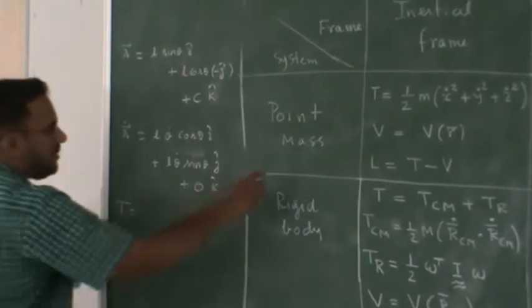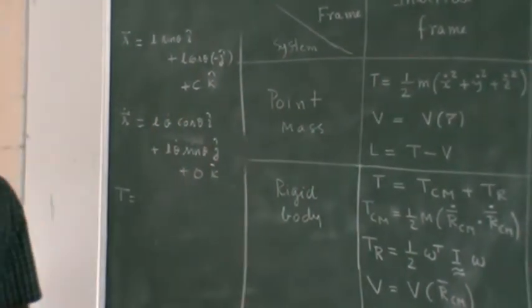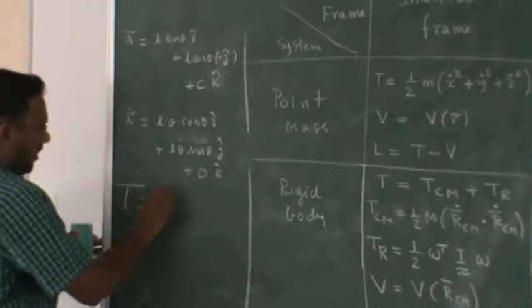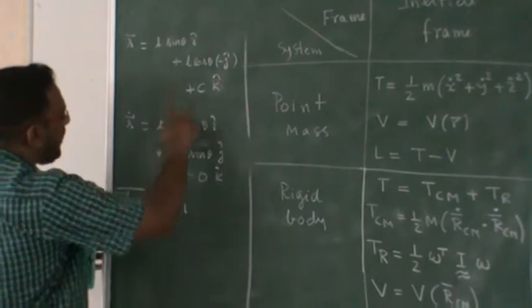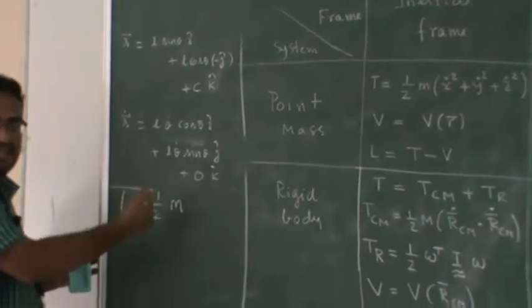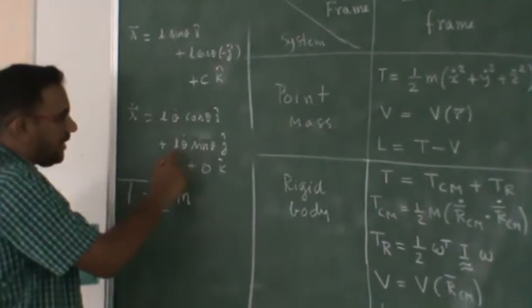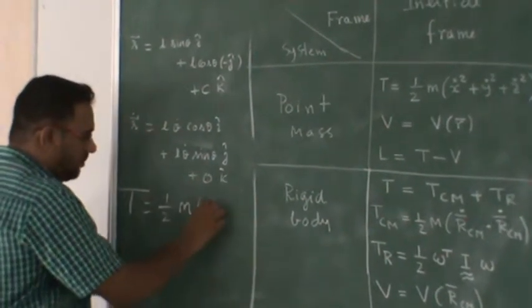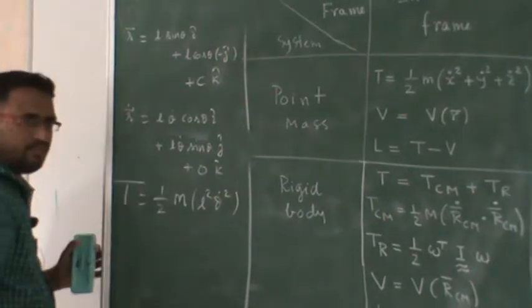Therefore the kinetic energy is half m L square theta dot square cos square theta plus L square theta dot square sin square theta plus 0, which is simply half m L square theta dot square.